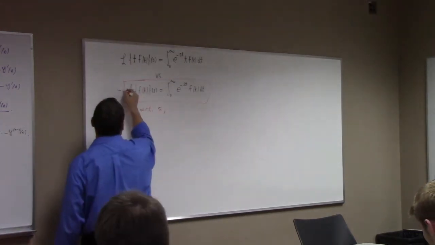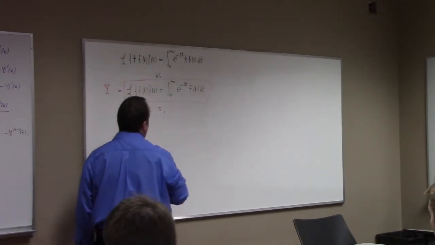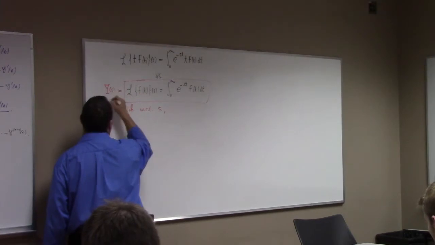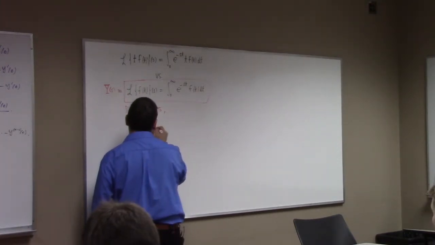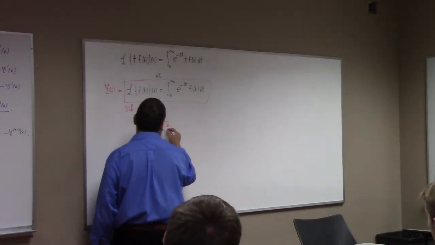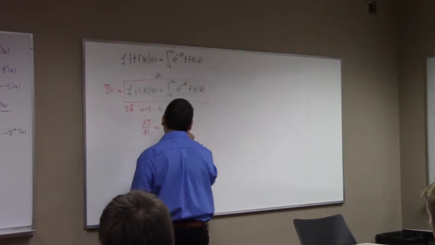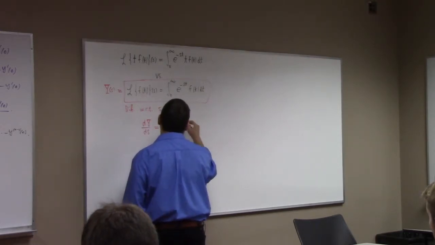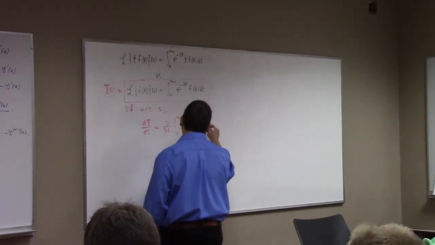So it's nice to use the notation big Y on this side. I mean, technically that's big Y of s. So what we have is dY/ds equals, and I'll use partial notation since there's two variables involved here, partial s of the integral from 0 to infinity of e to the minus st f of t dt.